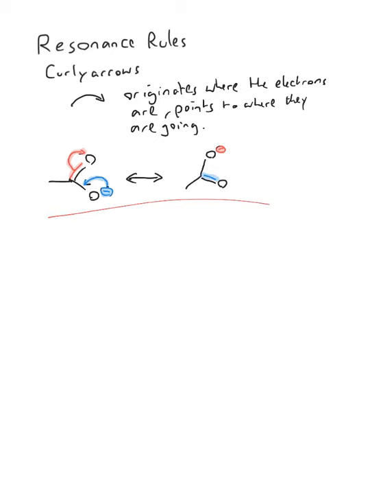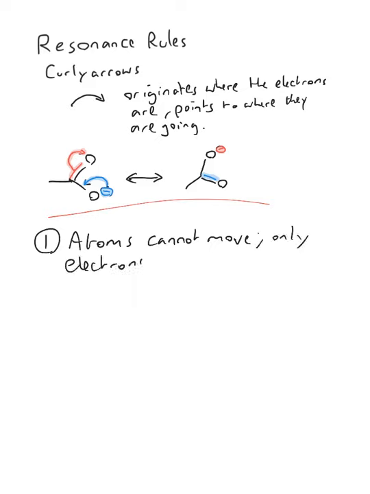So we have rules of resonance. Rule 1: atoms cannot move. Only electrons in pi bonds or conjugated p-orbitals may move.